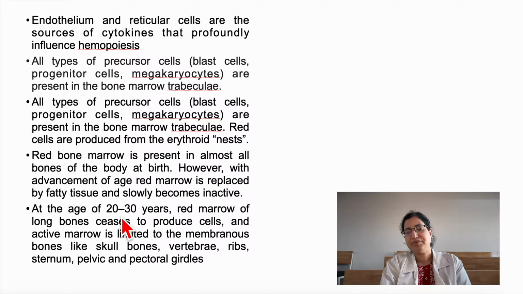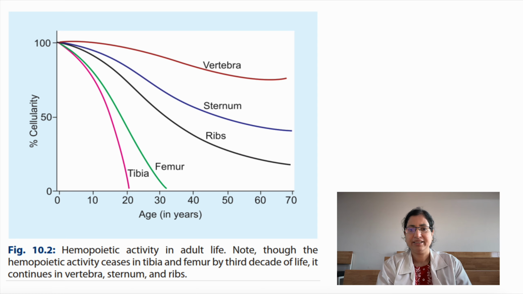At the age of 20 to 30 years, the red marrow of long bones will stop producing cells. You can see the picture here. After the age of 30, the vertebrae, sternum and ribs continue to make blood, and before the age of 30, the tibia and femur, the long bones, produce the blood.